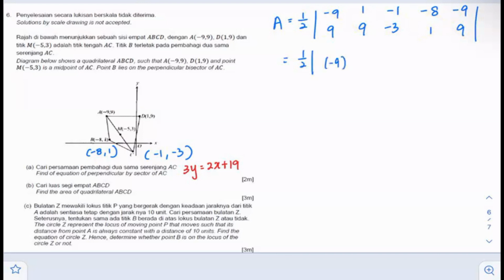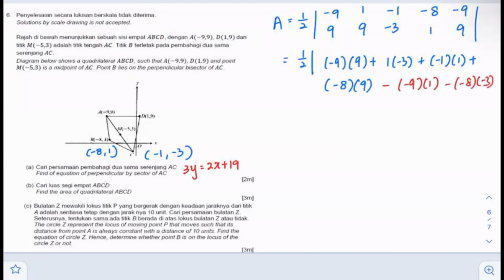So negative 9 multiplied with 9 plus 1 multiplied with negative 3 plus negative 1 with 1 plus negative 8 multiplied with 9. Then minus negative 9 with 1 minus negative 8 with negative 3 minus negative 1 with 9 minus 1 with 9.